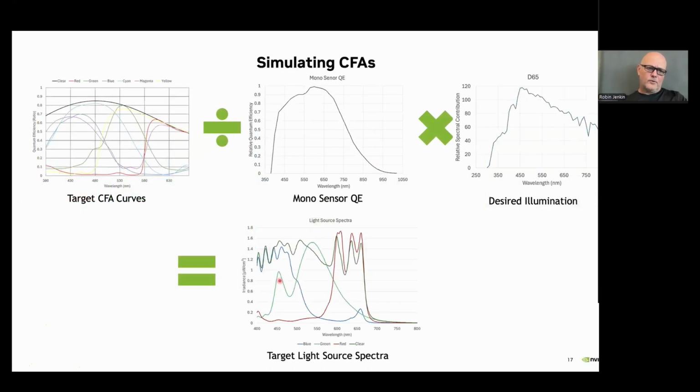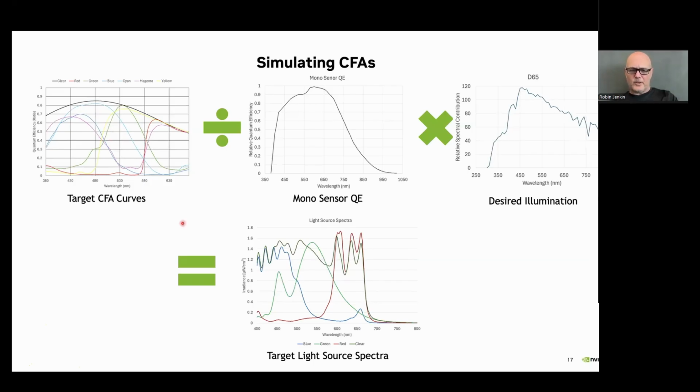So if we were to have some target CFA curves and we had a monochrome sensor, we divide the target CFA curves by the monochrome sensor, and then we multiply it by our desired illumination, that would give us a target light source spectra that would give us the equivalent of lighting with a white light, and then having the CFA curve up on the left hand side there.